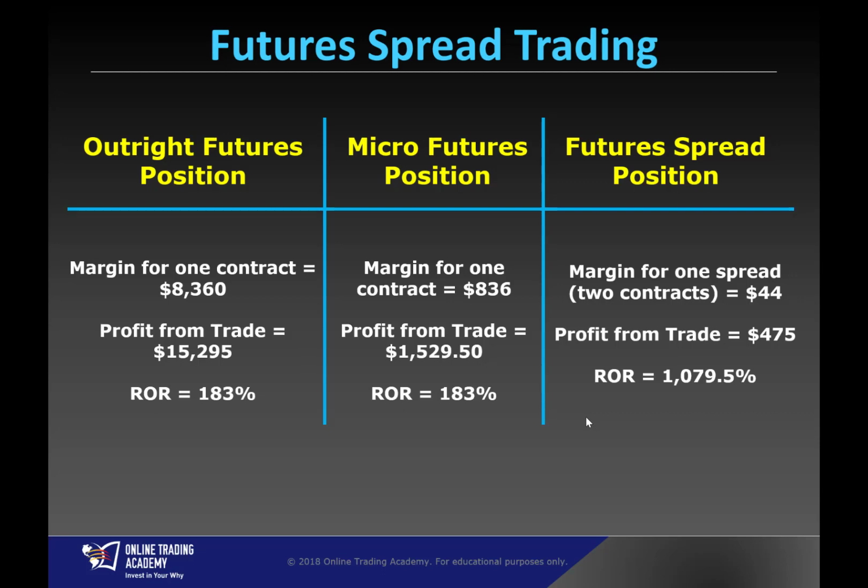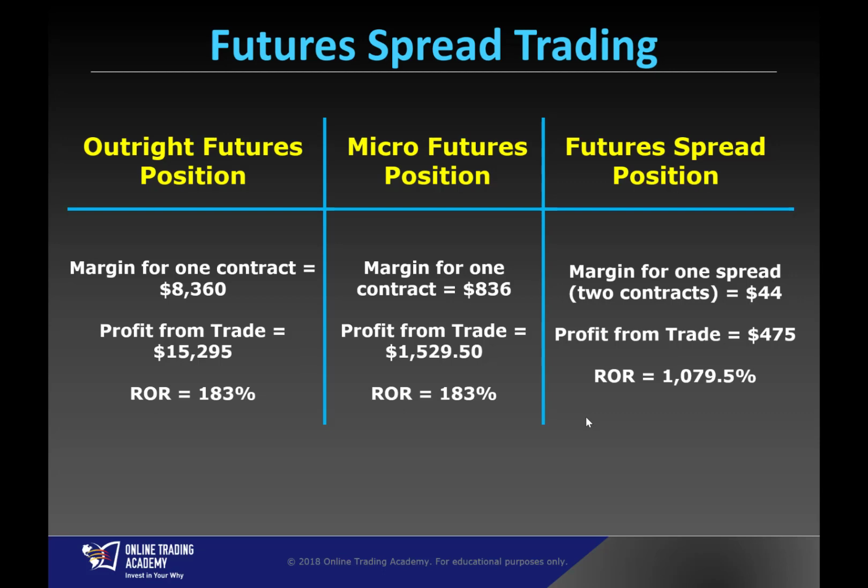It was actually $44 for that spread. The profit from that trade on that $44 investment was $475, or a rate of return of almost 1,100%. So you can see the spreads are a great opportunity to be able to hold these very expensive contracts overnight for a great rate of return at very low cost.